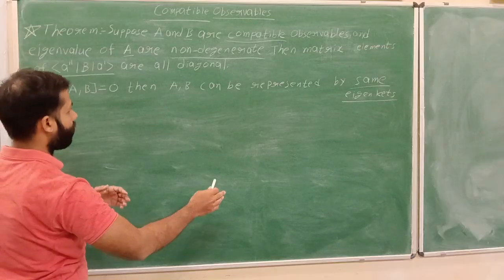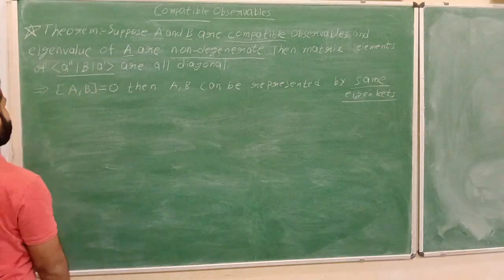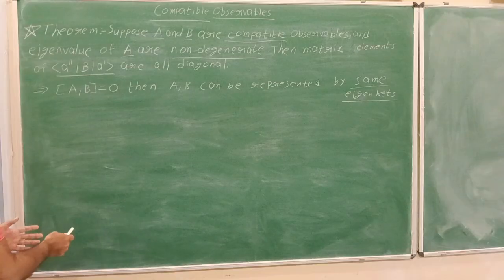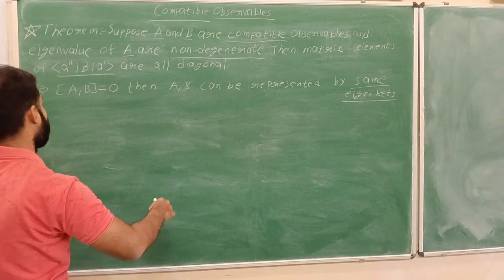I can represent them with either of them and it's still fine. So if I know the eigenkets of one operator, I can represent another operator with the same eigenkets.